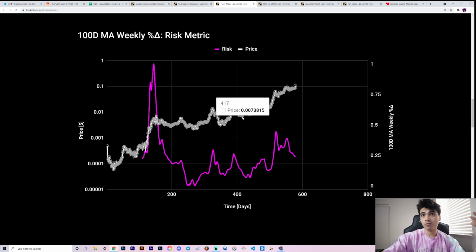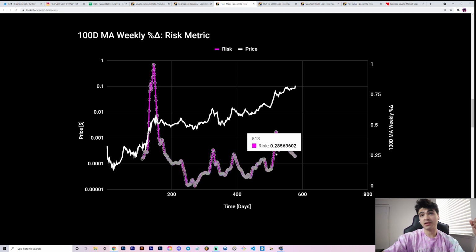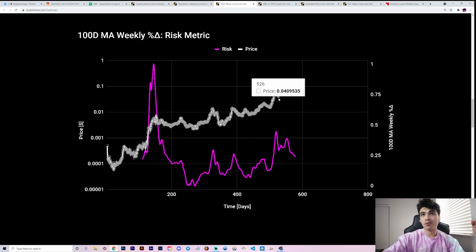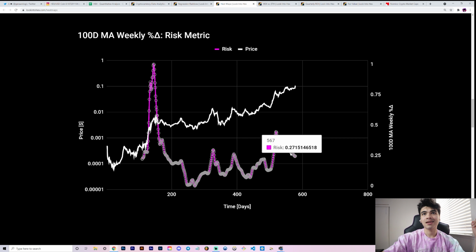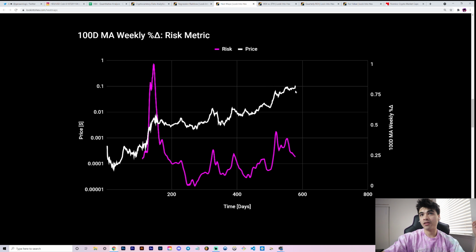And after that, well, it's clear we are approximately 15x above where this was. So what do we see here? Well, I'm seeing this where our risk metric dropped down to 0.3 when the price dipped down to 4 pennies, and now the price has been consolidating around the 8 to 9 penny region.